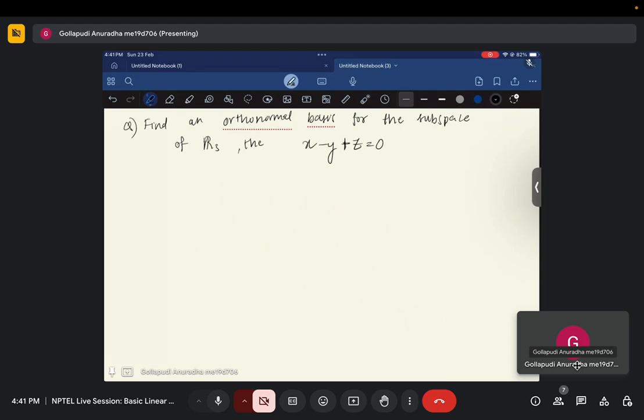Is it 1 by root 3, minus 1 by root 3 and 1 by root 3? Were they saying only one? I think you should check on this again.